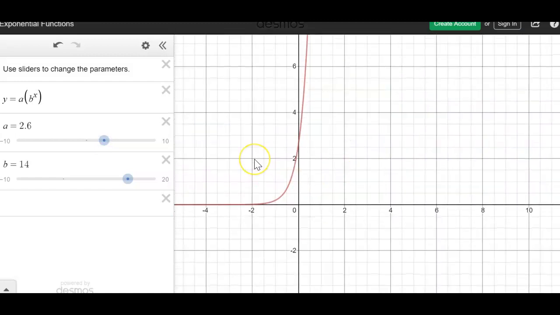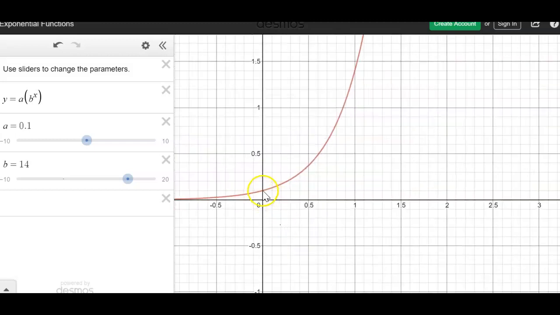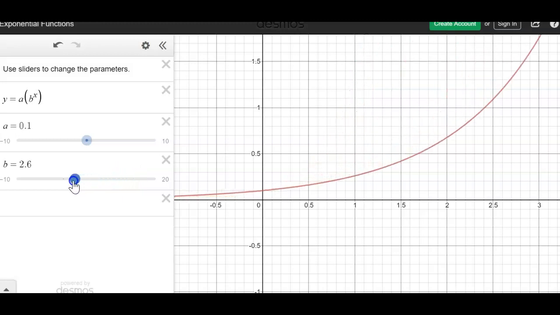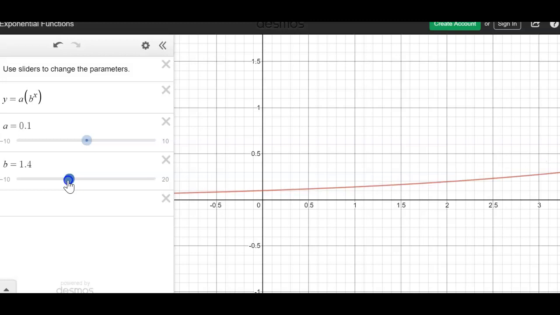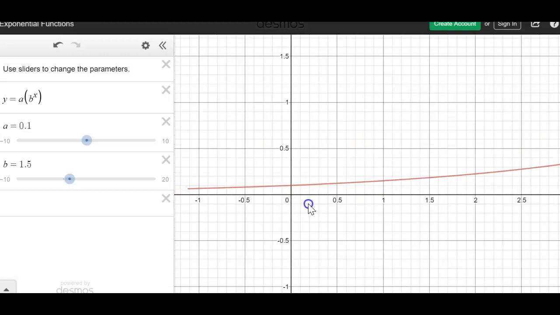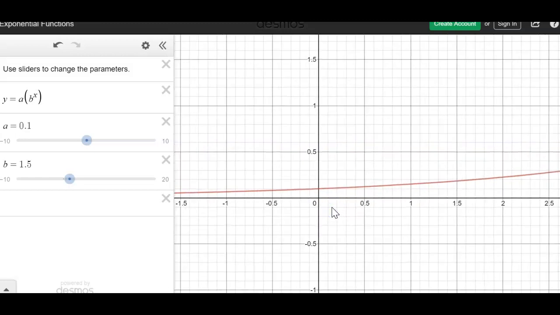All right, it's just good to be able to play around with this tool, get a sort of intuitive idea of how exponential functions work. Let's look at exponential decay, right? Actually, here's something we should look at that's interesting. Even if you have a super small value of a, like a equals 0.01, so we're starting out with a very, very small number, and even if you have not even a huge value for b, let's say something like 1.5, right? We have a really small number for our initial value.